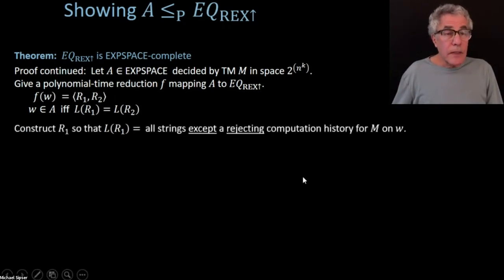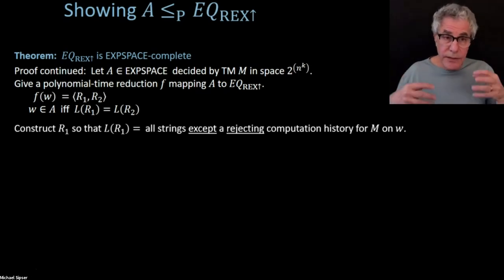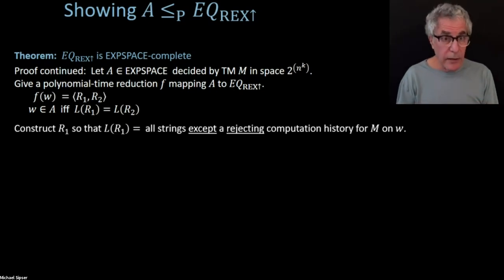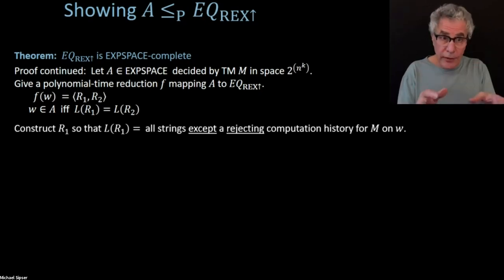Okay, so as these things always are, these are going to be in terms of the computation history for M on W. But in this case, it's going to turn out to be convenient to work with the rejecting computation history for M on W. So remember, we have a Turing machine M. It's a decider, so that means it always halts.